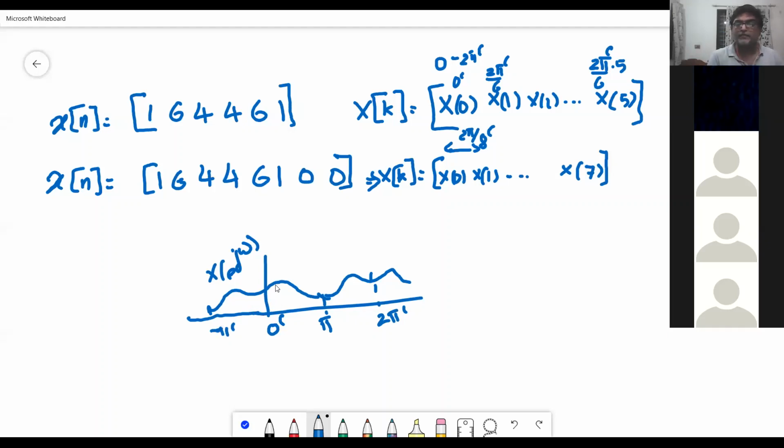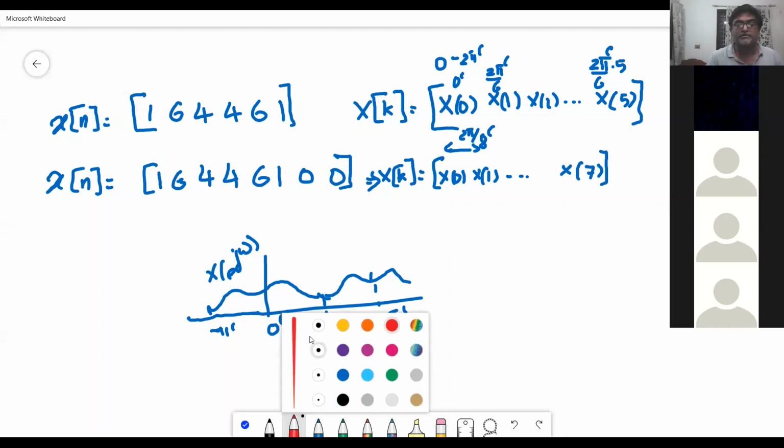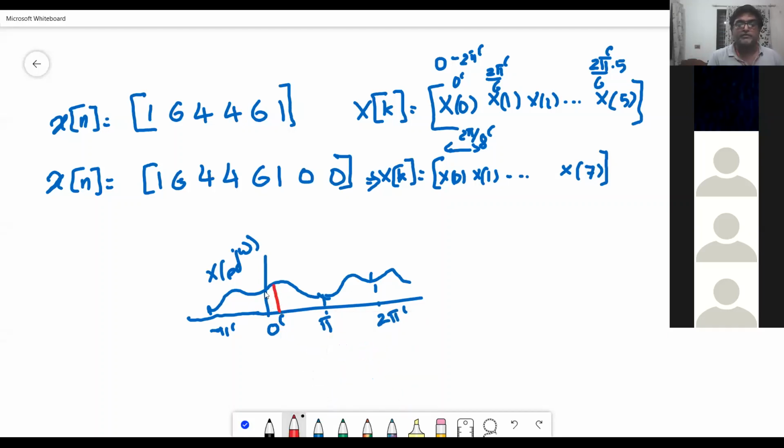So this is the unique range of frequencies. This is being sampled at 6 points. So I will use a different color to mark the samples. So maybe you have first sample here, second sample here, third sample here, fourth sample here, like this. This is how it is sampled. So 6 samples are taken, like this.